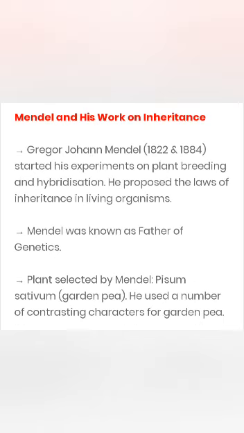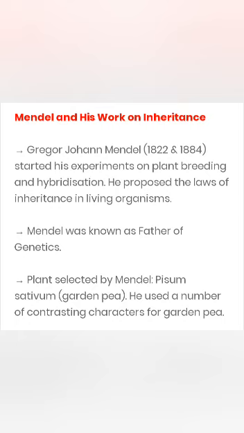Mendel and his work on inheritance. Gregor Johann Mendel started his experiments on plant breeding and hybridization. He proposed the laws of inheritance in living organisms. Mendel was known as the father of genetics.